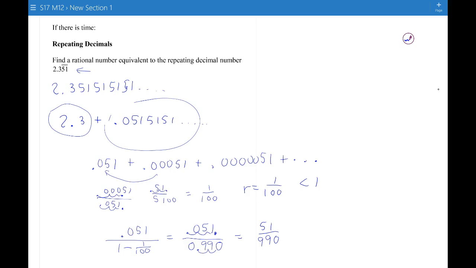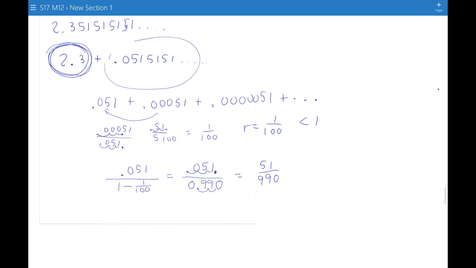So now I go to this first part, the 2.3, to add that. So I'm going to have 2.3 plus 51 over 990. Well, 2.3 can be written as 23/10ths, right? Think about it for a minute. 2.3 is 23/10ths plus 51 over 990.